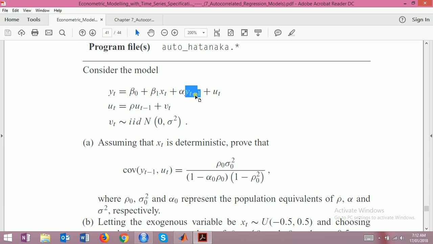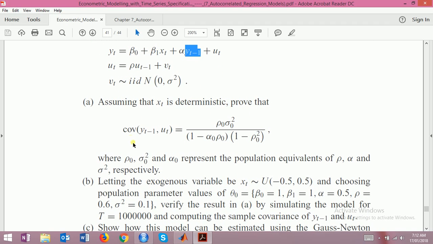Hatanaka is an efficient estimator when a similar case holds, with ut equal to rho ut minus 1, assuming xt is deterministic. Prove that the covariance of ut and yt minus 1 is rho naught sigma square. So this is the Hatanaka estimator, where rho naught, sigma naught square and alpha naught represent the population equivalents of rho, alpha and sigma square.